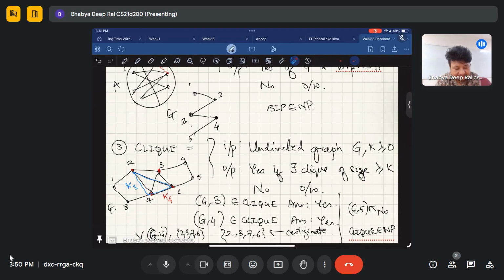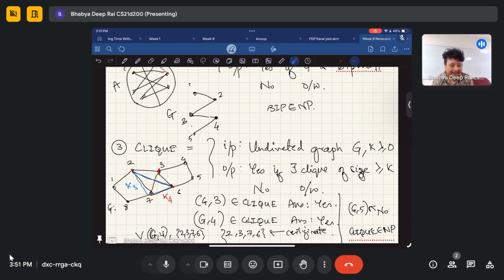Now if I ask you whether in this graph there is a clique of size 3, you will say yes, and I'll ask you how, you'll just tell me 2, 6, 7. And if I ask, is there a clique of size 4? You'll say yes, 2, 3, 6, 7. I'll verify it. How will I verify? I'll just go across each vertex and check whether their ones in the adjacency matrix correspond to them.